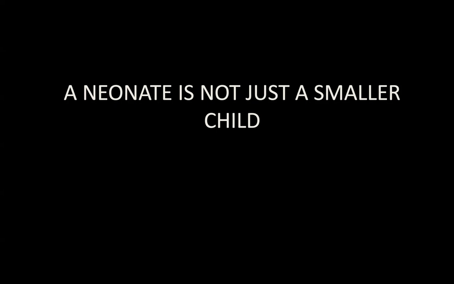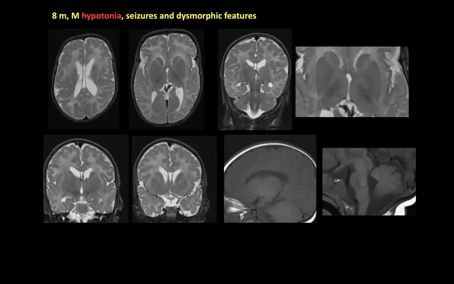But here I just want to show you some cases that are very typical. Again, the importance of pattern recognition will be stressed, but also quite rare. So if you forget them, you can either report this as normal or get confused by the clinical findings.